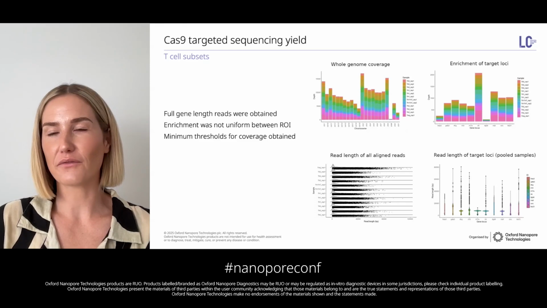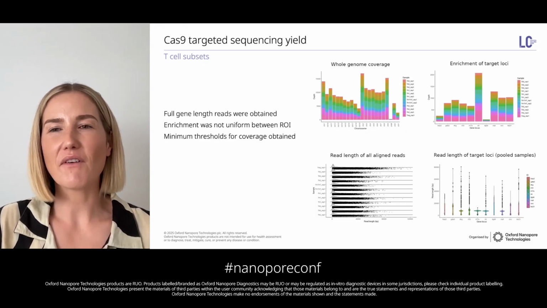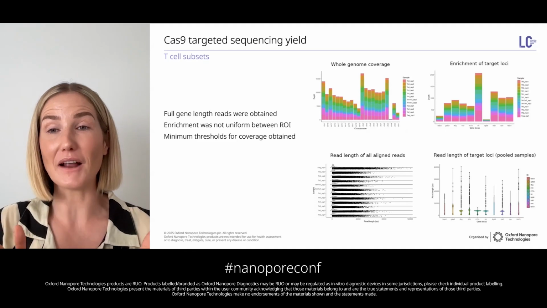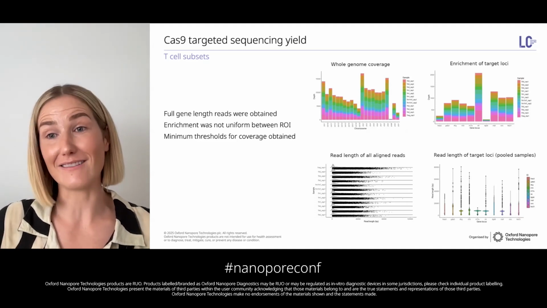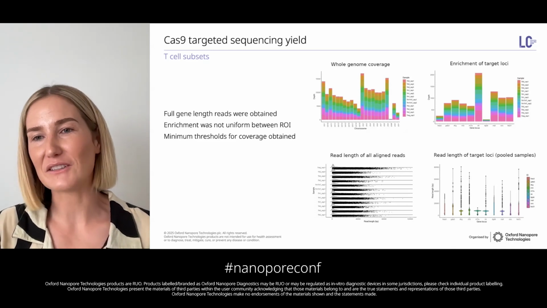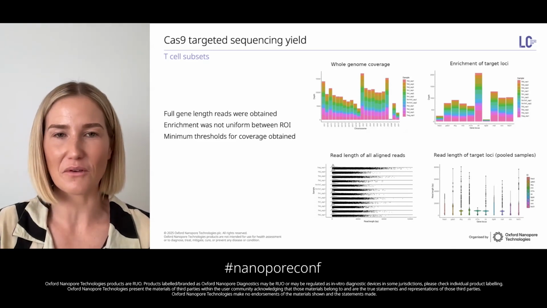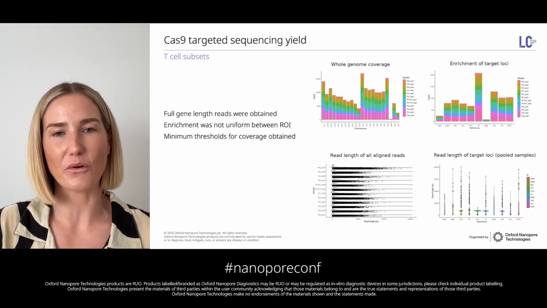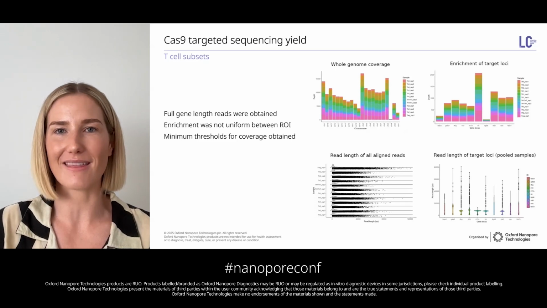We also observe a beautiful enrichment in all of our target loci. However, shorter regions got a much better enrichment than our larger regions. For example, IL-4, we had a huge enrichment compared to integrin beta 8, which we observed a much lower enrichment. So that's an important consideration when developing this method.